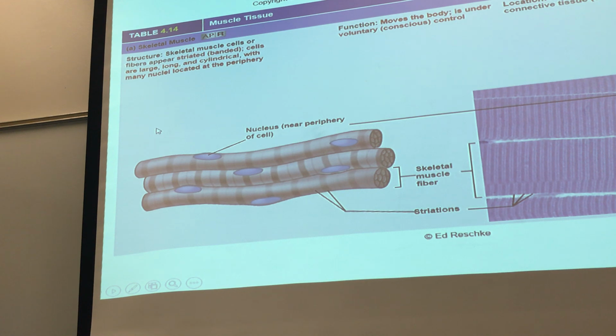Skeletal muscles are very long, unbranched, and multinucleated. The nucleus of each of these cells right here are pushed to the periphery, to the edges. And the reason why is because you're trying to maximize the amount of proteins that are found inside the cell.